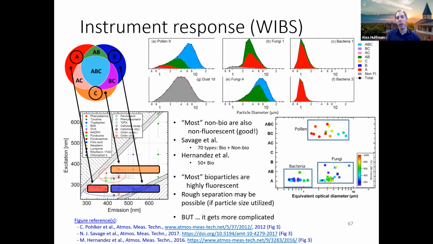And oftentimes we use real-time techniques in the outdoor environment or in a sampling environment indoors, let's just say the WIBS or the UV APS or even mass spectrometry or something, and you get an idea of what's going on and when things happen or if something is happening. And then if you really want to dig in and see exactly what the species is, then you have to apply other techniques.